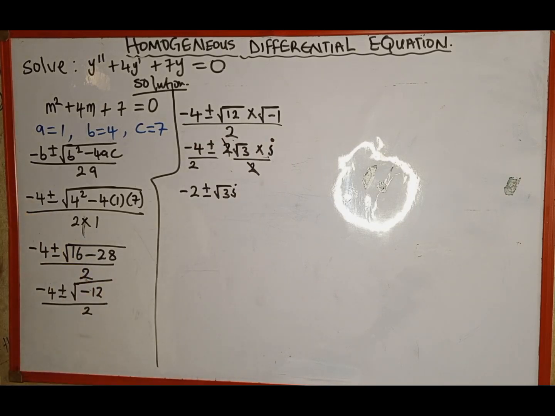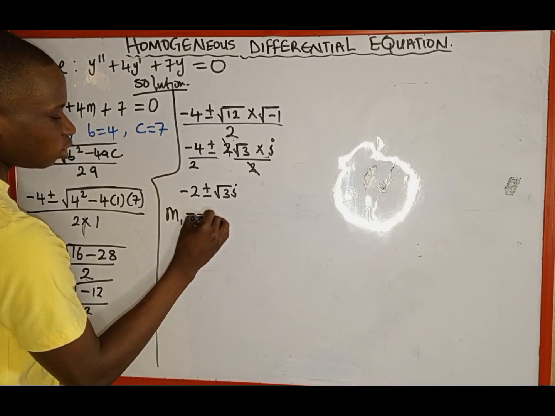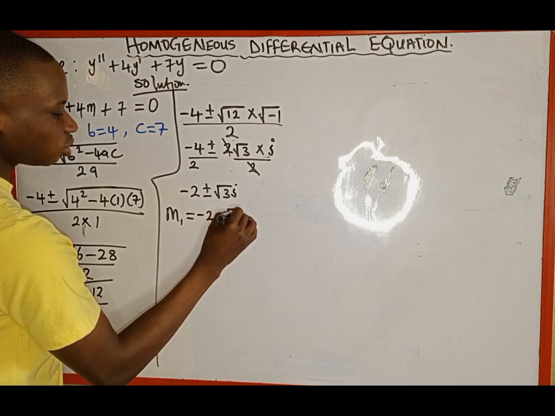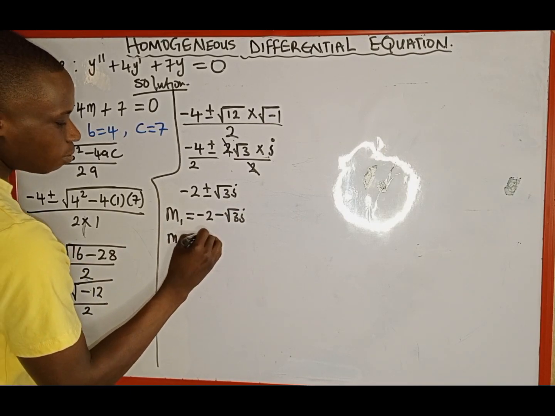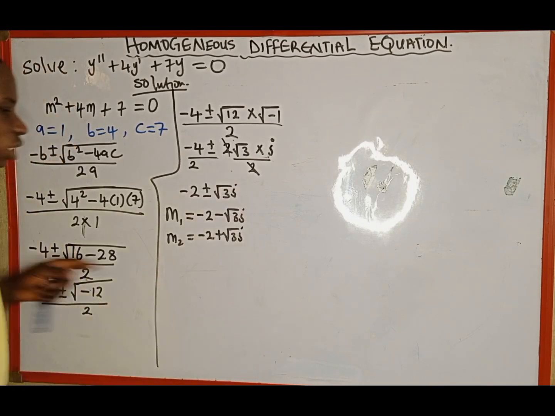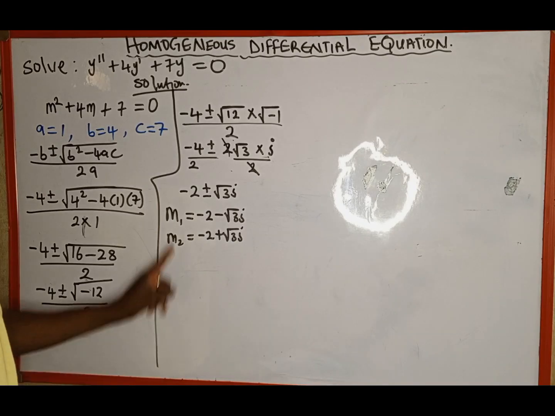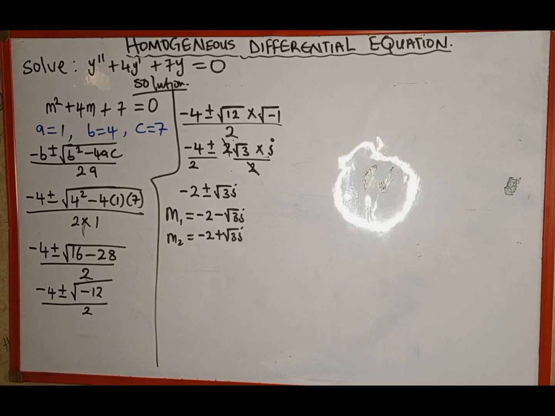Therefore, the two roots of this equation are: m1 is equal to minus 2 minus root 3 i, then m2 is equal to minus 2 plus root 3 i. So these are the two roots of this quadratic equation. We notice that the roots here are complex roots. This is not a real number, it's a complex number.